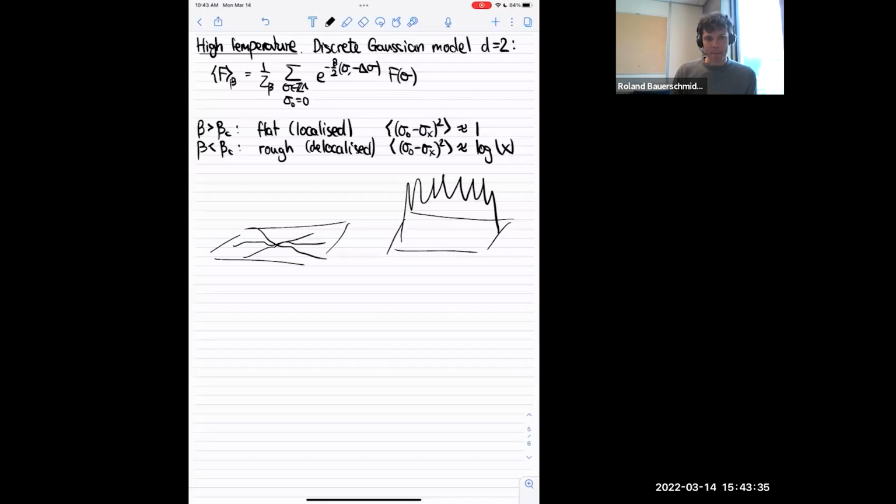Again, as also in the Heisenberg model, but there I didn't write it down, one can write down a Ginzburg-Landau version, which is the phi-4 version of the discrete Gaussian model. In this case, this is called the Sine-Gordon model. There is a second parameter in this case, which controls the strength of the softening of the interaction.